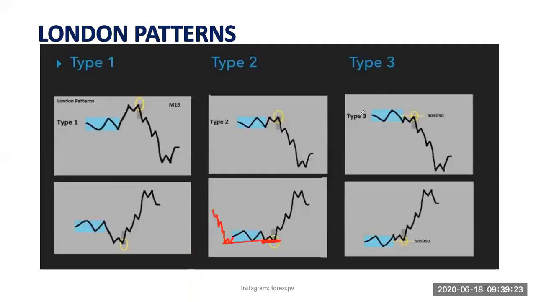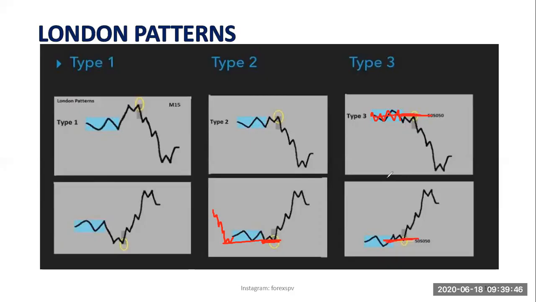And we have the type 3 London pattern, where we see that the dealer would be forming a pattern around the Asian mid-range. On the previous templates, we had the Asian midline there, but the 50 EMA is usually around there.